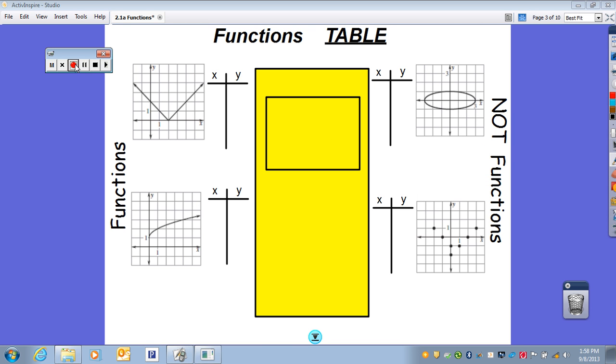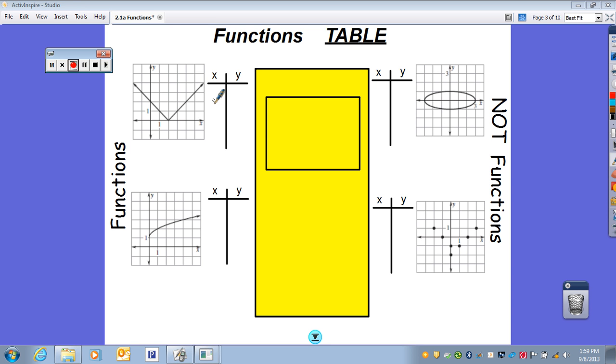Now let's take a look at functions where we also see their tables. If we take a look at the first function where we have the shape of the V, if we were to put several points into this XY table, what we would see is these ordered pairs would show that they are a function.